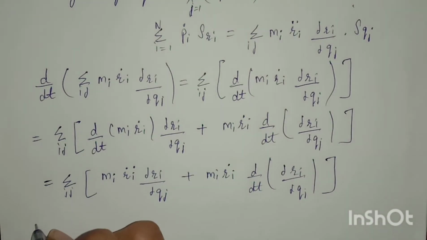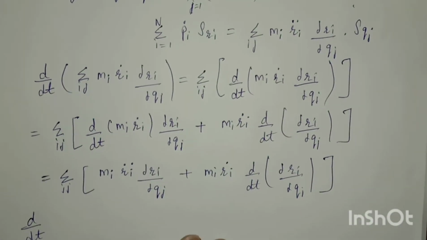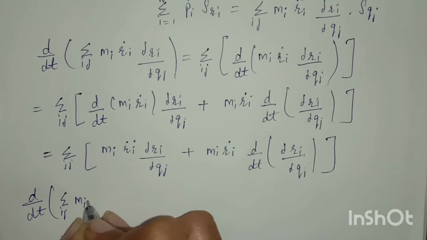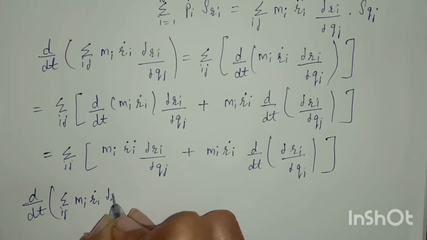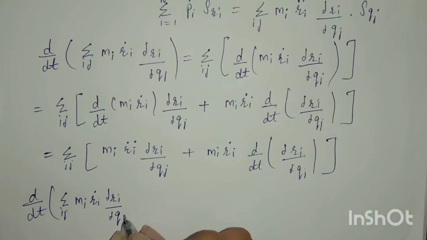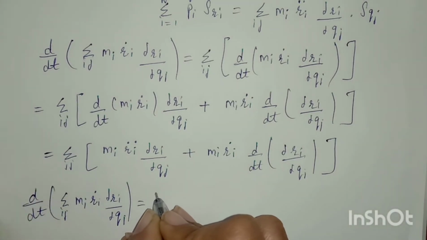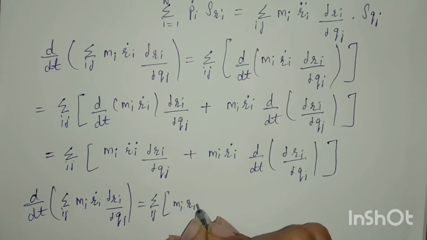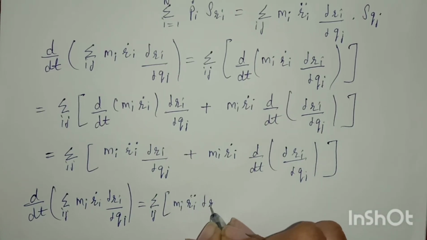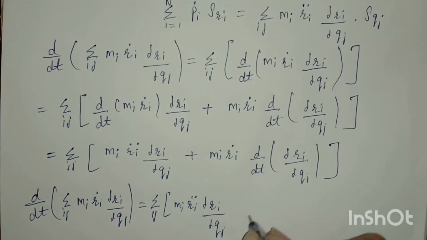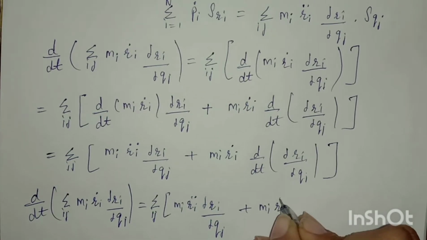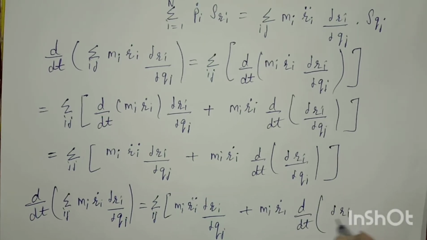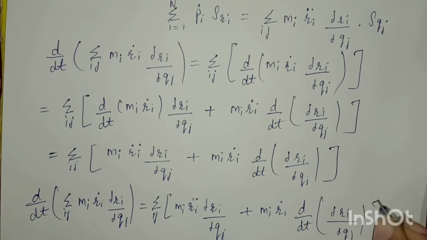So here we can write d upon dt summation ij mi Ri dot ∂Ri upon ∂Qj is equal to summation ij mi Ri double dot ∂Ri upon ∂Qj plus mi Ri dot d upon dt ∂Ri upon ∂Qj, bracket close.